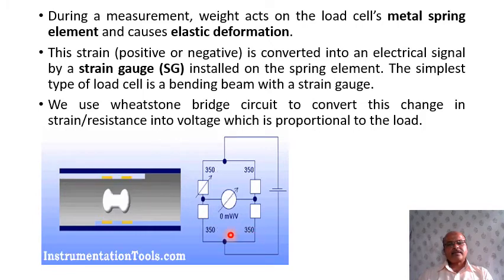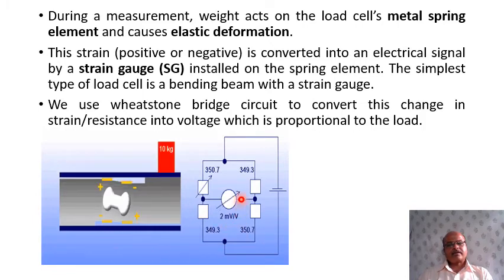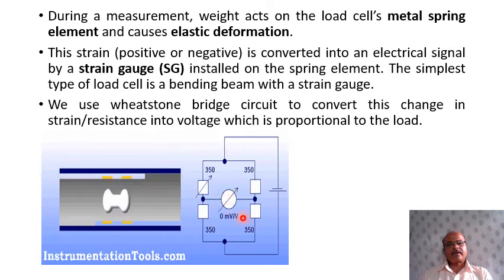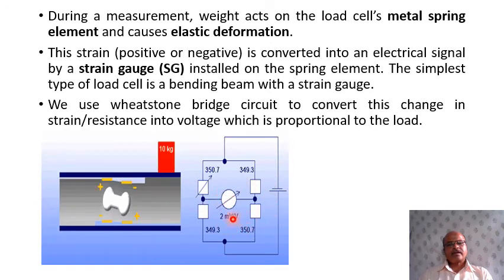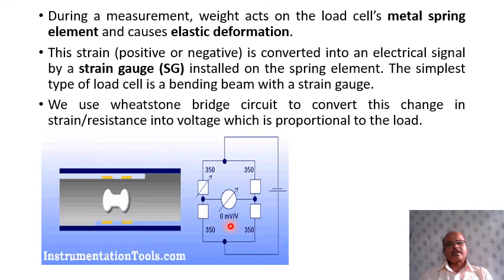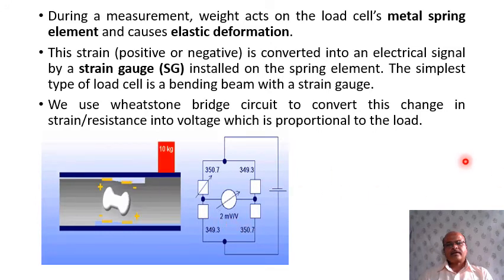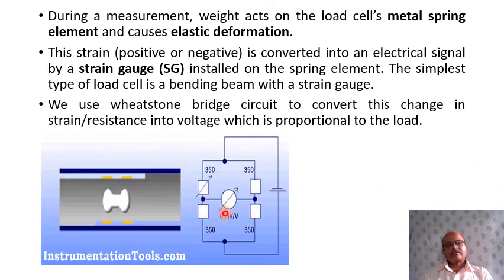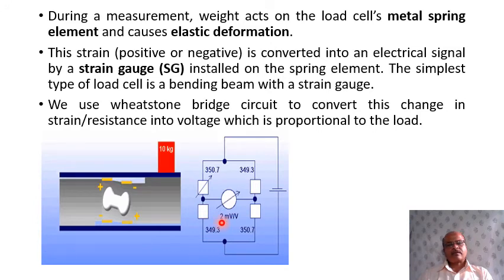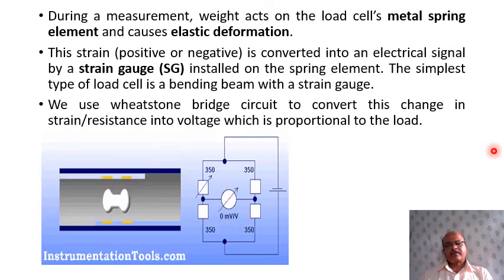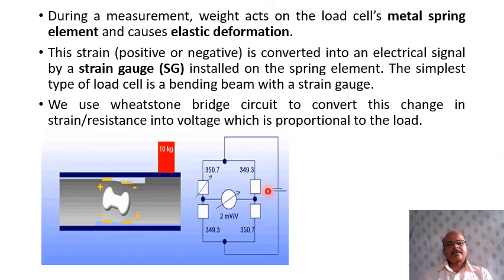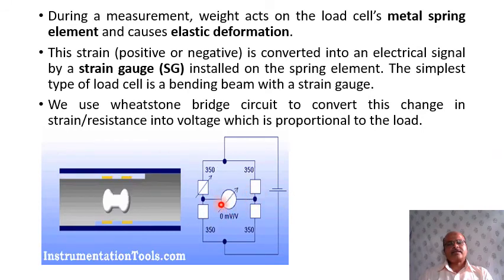If there is a change in resistance, then there is a change in output voltage, and when there is no change, then there is zero voltage as shown in this figure.